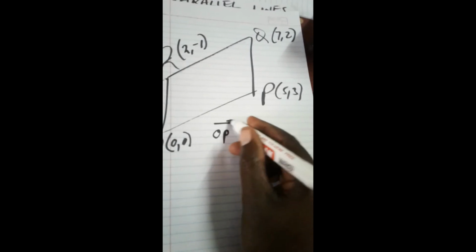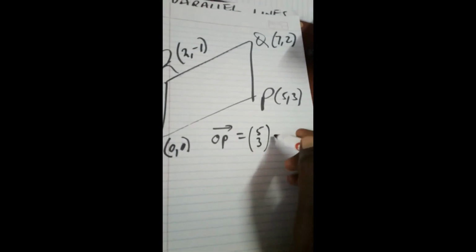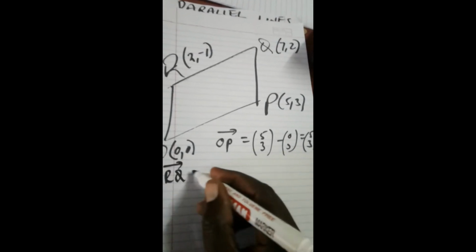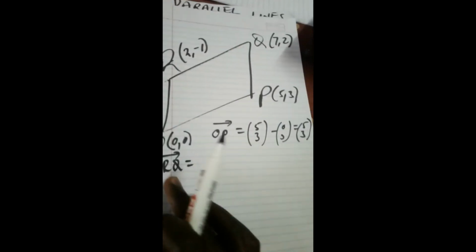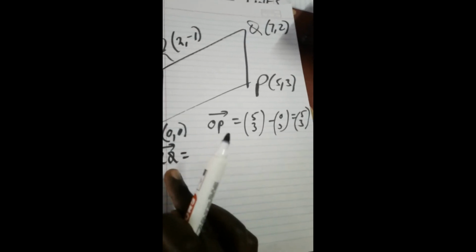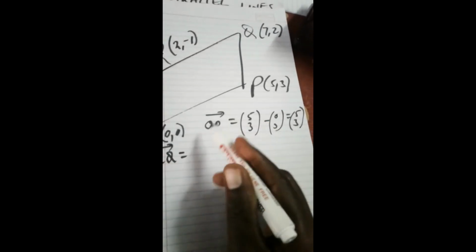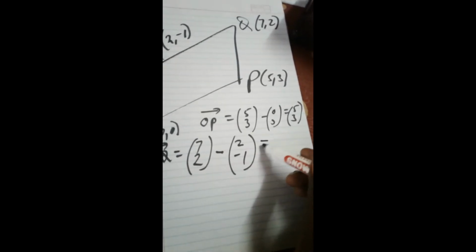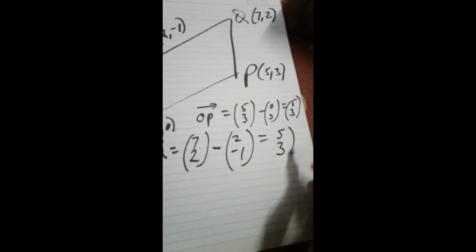So we can say that OP is P minus O, which is 5, 3. Then RQ: as we say, if you have RQ in vectors, it is Q minus R. So it is OQ, 7, 2 minus 2, negative 1, and this will be 5, 3.